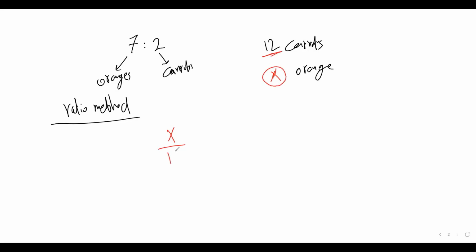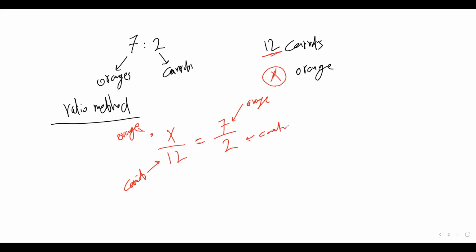And on the right hand side, the ratio of oranges to carrots is 7:2. So here again on top it should be orange, and here should be carrots.